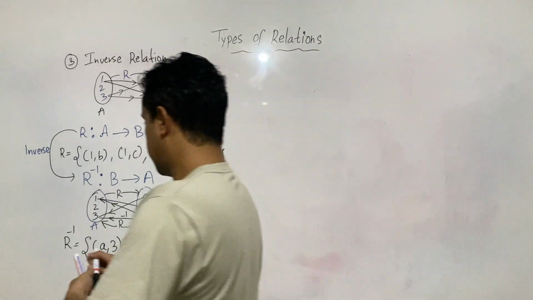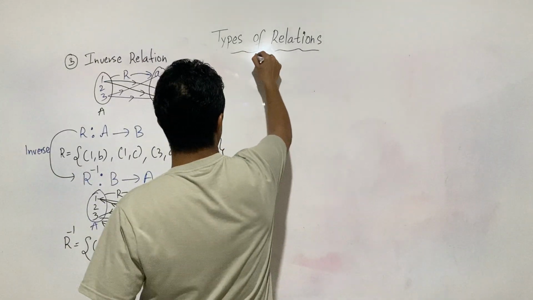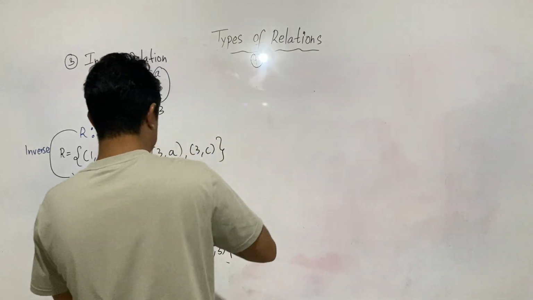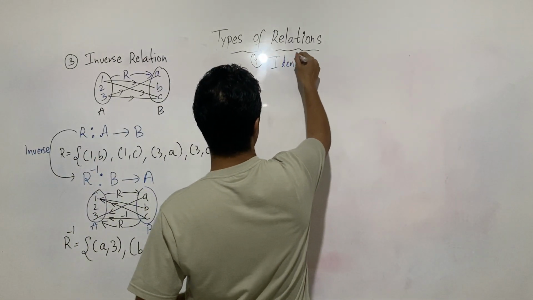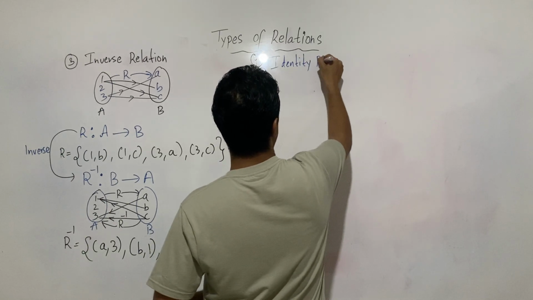All right, so the next one is number 4, identity relation.